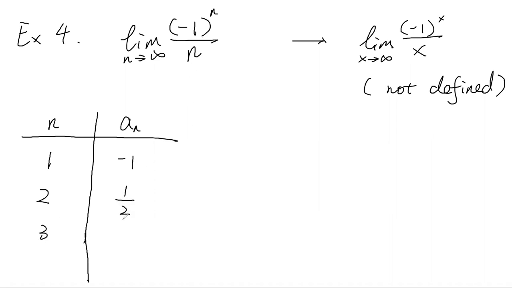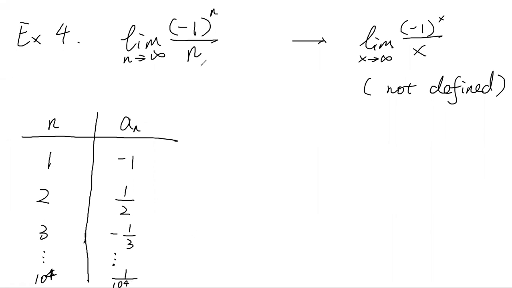When n is equal to 3, this is equal to -1/3. Then if you keep going, for example, n equal to 10,000, which is 10 to the 4, then a_n is equal to (-1) to the 10 to the 4. 10 to the 4 is an even number, so it's equal to 1, and the denominator becomes 10 to the 4.